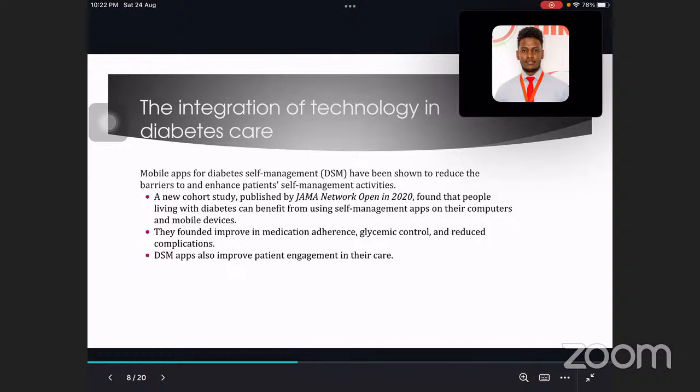The results of this study were improved medication adherence and glycemic control, and a reduced complications rate. Diabetes self-management apps also improve patient engagement in their care by giving them all the resources for learning about their condition.